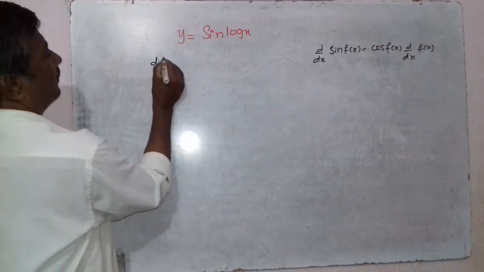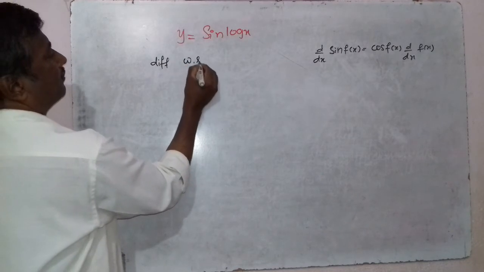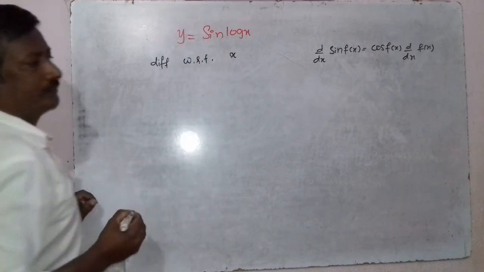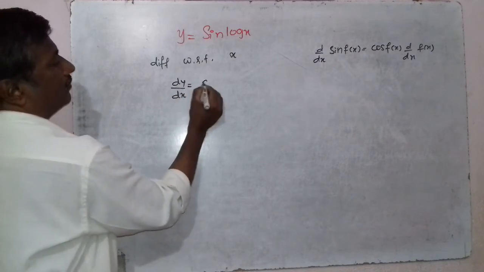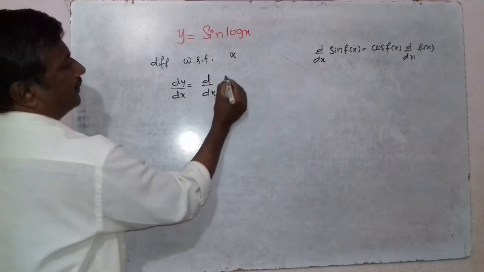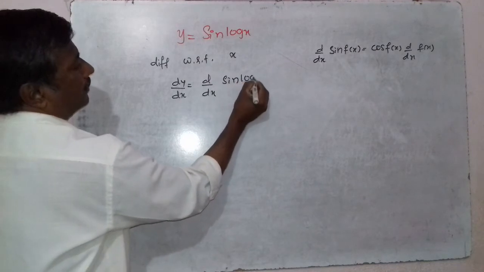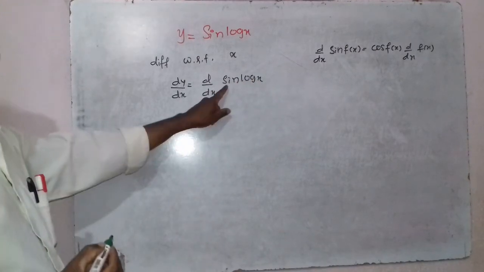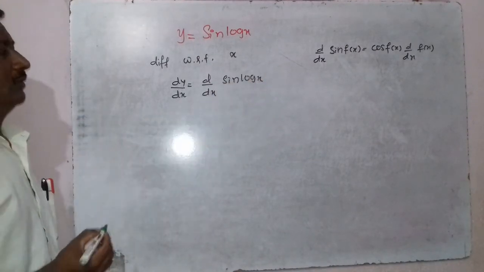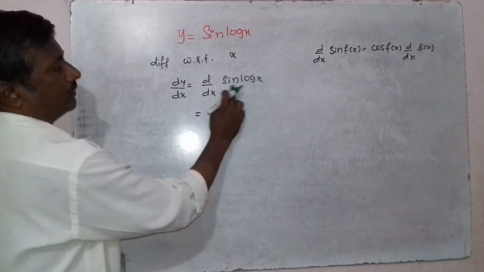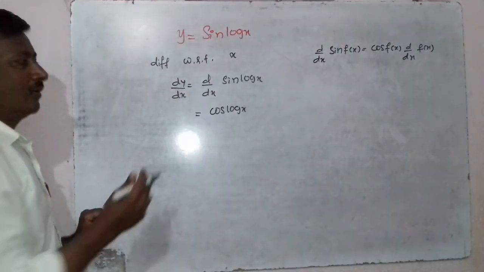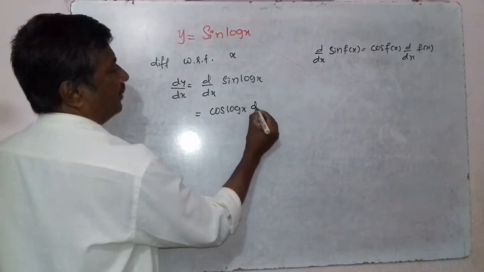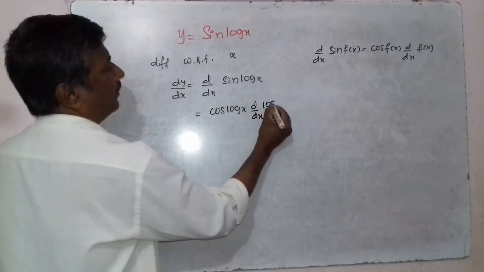Therefore, differentiate with respect to x: dy upon dx equals dy dx of sine log x. This equals, the first derivative of sine is cos log x, dy dx of log x.